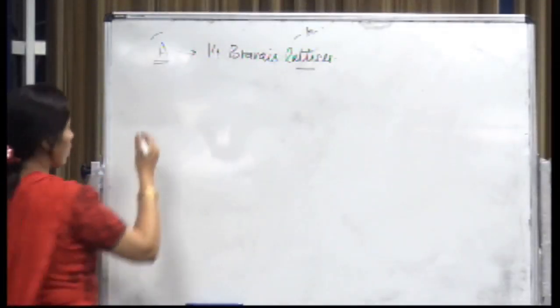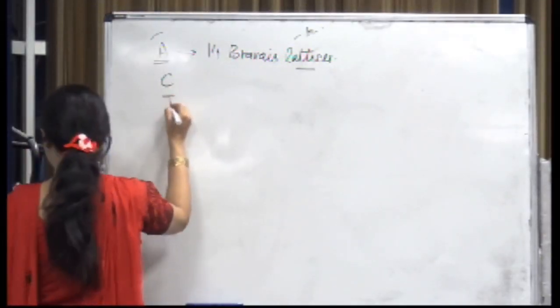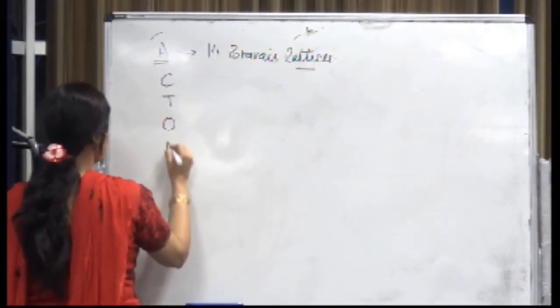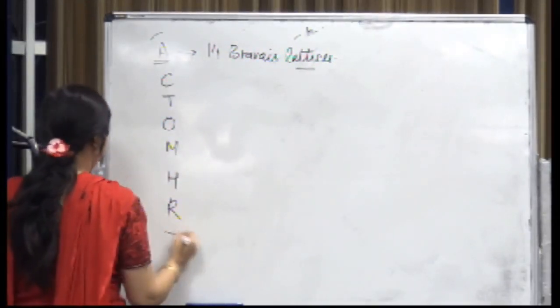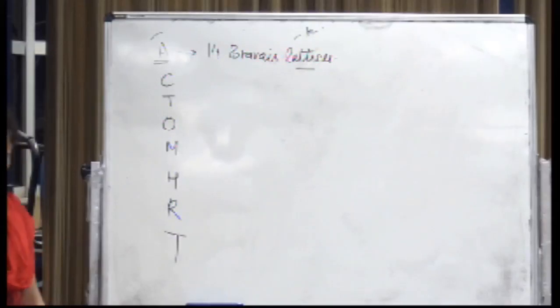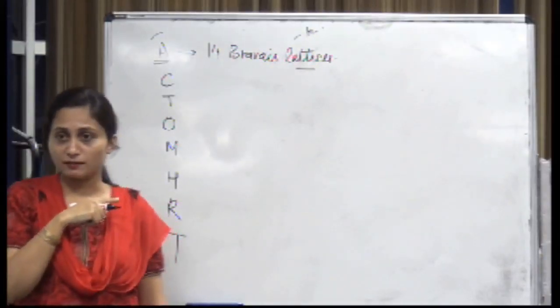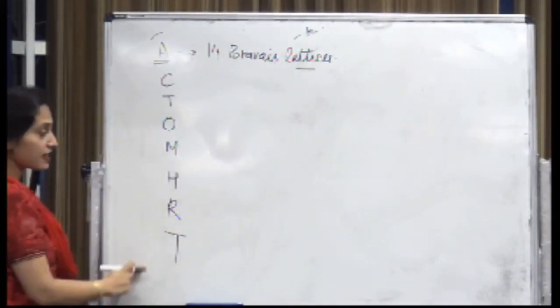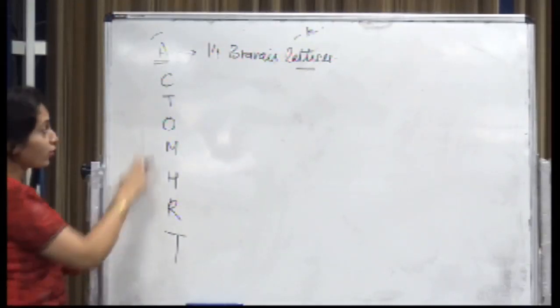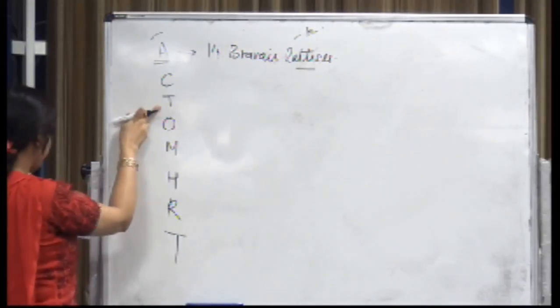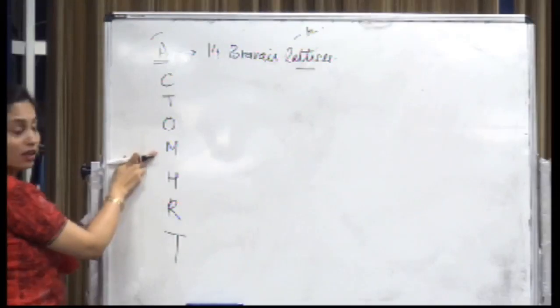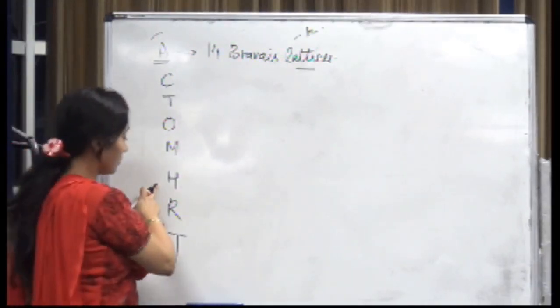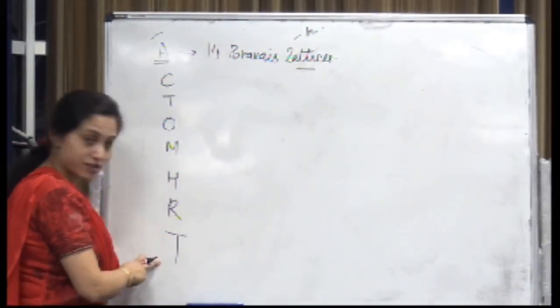You can remember C Tom HRT. These are the 7 crystal systems: cubic, tetragonal, orthorhombic, monoclinic, hexagonal, rhombohedral and triclinic.